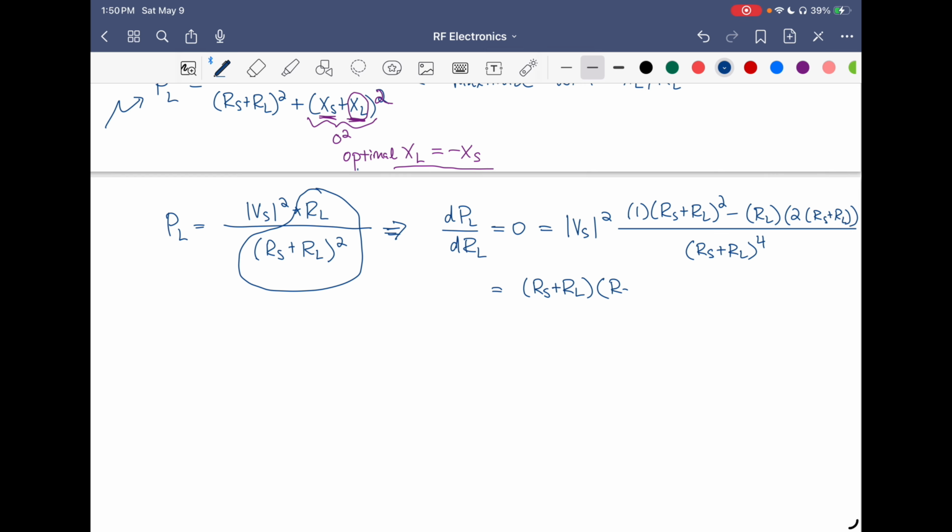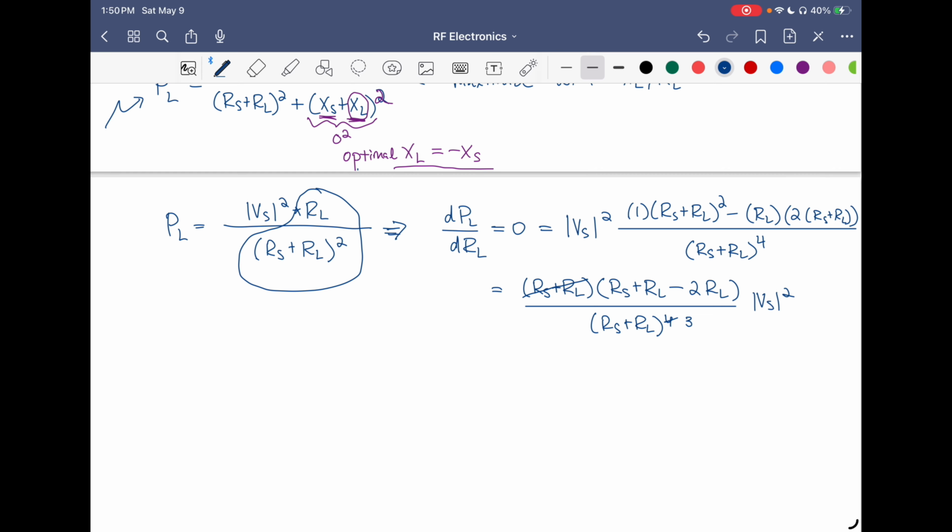Factoring this out, we get Rs plus RL, minus 2RL, over Rs plus RL to the fourth. And we should also remember that Vs squared factor. So we can simplify this further by canceling this Rs plus RL from top and bottom.